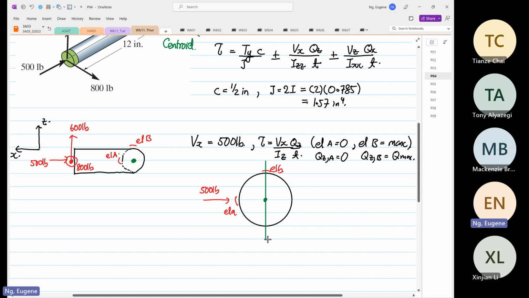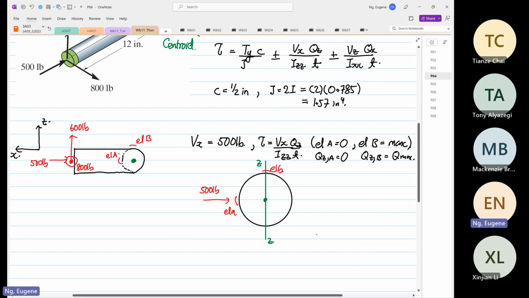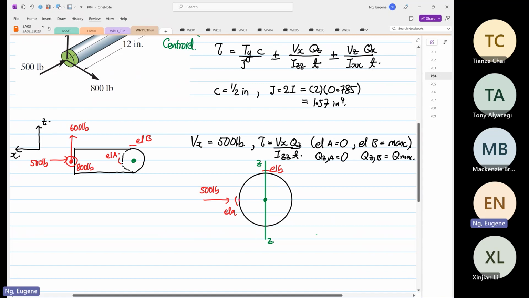So for this case, this is your Izz axis. The shear flow will look like this: at point A it is 0, and then at point B it grows bigger and bigger. This is how the shear flow is flowing. So that's why point B has the maximum because it's at the centroid. At point A, there's no first moment of area, so it is equal to 0.